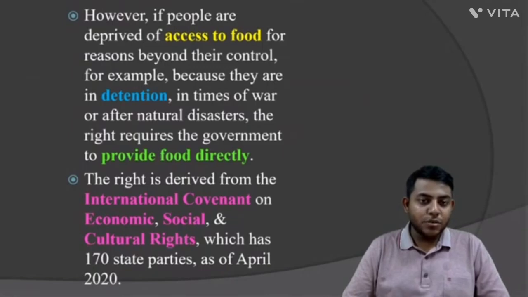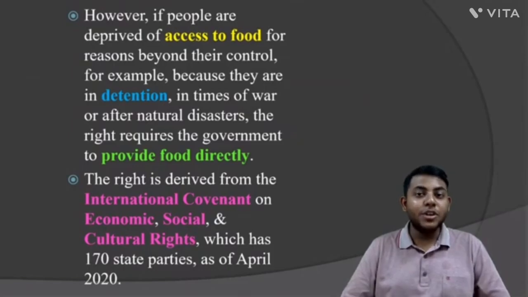We have the right to food. Although it is not explicitly mentioned in the Constitution, the right to food, like the right to education, which is explicitly mentioned now in Article 21A, inserted by the 86th Amendment in 2002. The right to education is now a fundamental right between the age of 6 and 14 years. But the right to food is not yet a fundamental right.